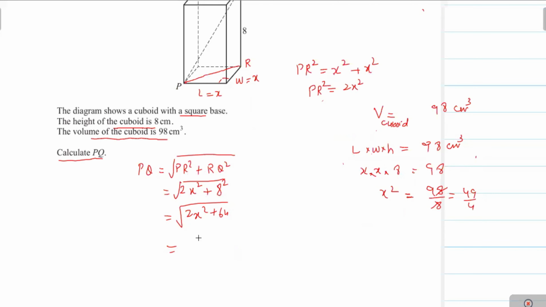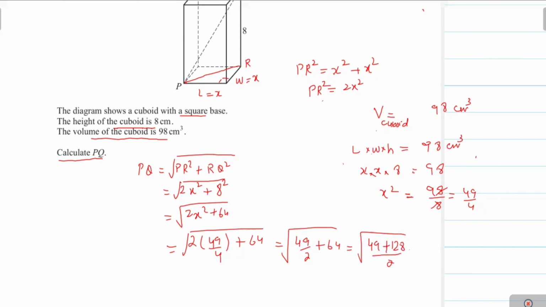We substitute the value here. This will be equal to the square root of 2 into 49 over 4 plus 64, and this will be equal to the square root of 49 over 2 plus 64, which is the square root of 49 plus 128 over 2, and this is the square root of 177 over 2, the square root of 88.5.